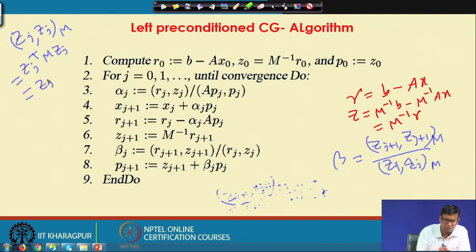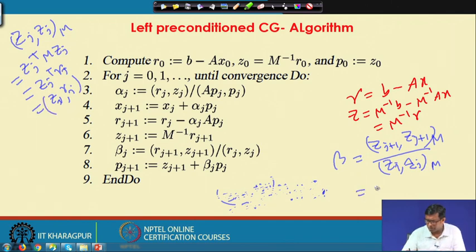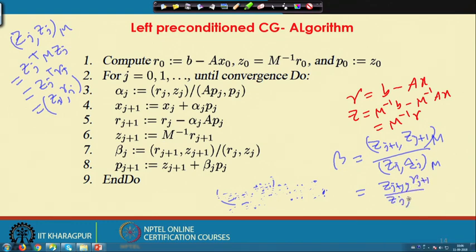So, z_j transpose r, or z_j dot r_j. So, this will be z_{j+1} dot r_{j+1} by z_j dot r_j.